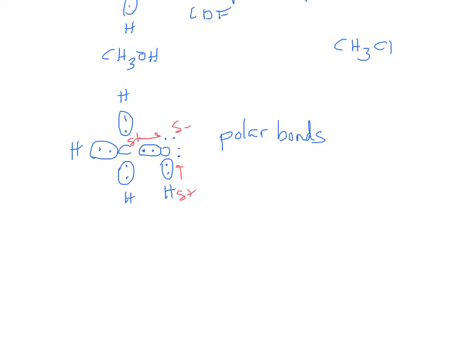This gives them more room in 3 dimensions, in front of the screen and behind the screen. This is also a polar compound. I can draw a line, my arrows don't cancel, and it's asymmetrical. I also have an H directly attached to an oxygen. That means this compound can also hydrogen bond.